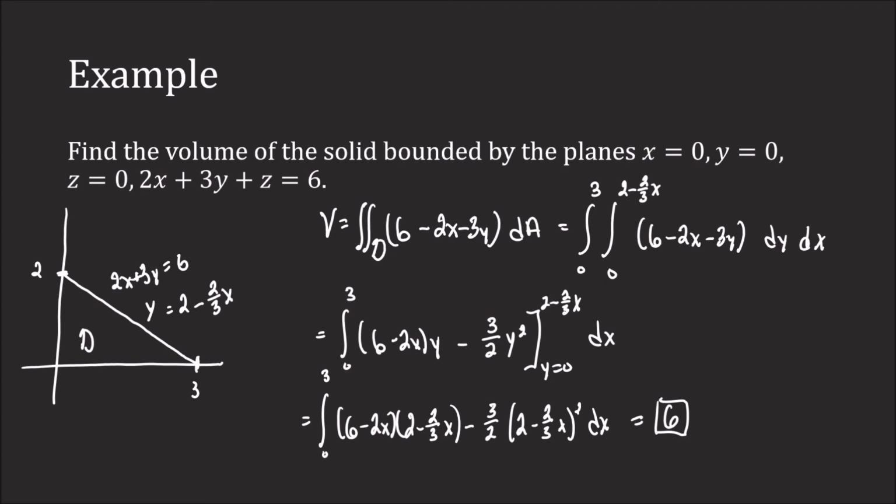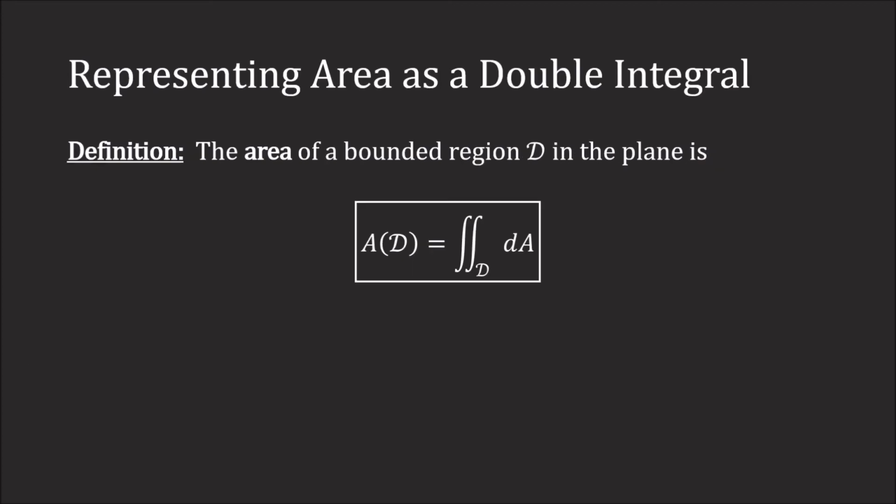So some other applications. We represented double integrals as volumes. However, we can also represent areas by double integrals. So the area of a bounded region D in the plane is given by the double integral over D of just dA. And finally, just as in Calc 1, or Calc 2 rather, we could represent the average value of a function over an interval as a single integral, we can represent the average value of a two-variable function over a domain as a double integral.